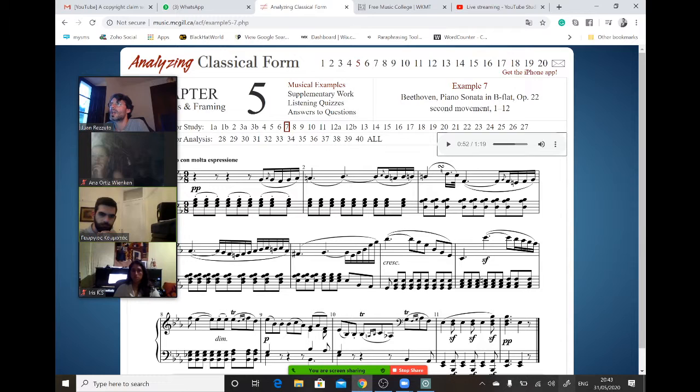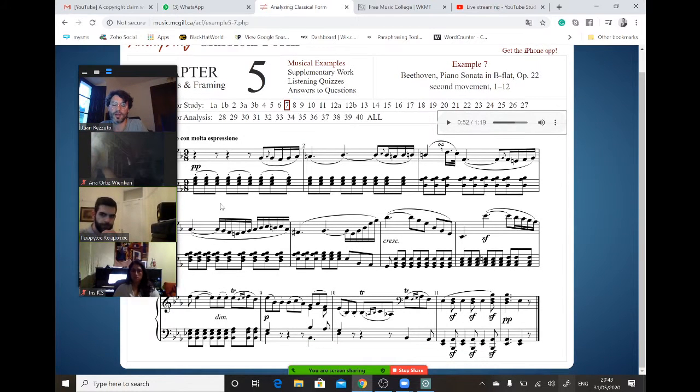A couple of things I don't want to forget: in general, they will revolve on the tonic. The codettas will stay there in the tonic, which is what happens in this example. It's tonic prolongational, as you've seen, with bracketed dominant chords. So that's how it is.